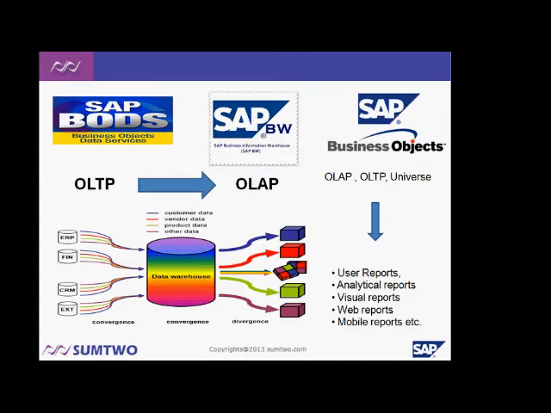So the whole purpose of BI, to put it in very simple terms, is to convert the OLTP data in the form of OLAP data, cubes and DSOs, dataset objects, so that we can do the analysis of the data more easily. Once the data is in OLAP format, then we make use of the BO, business objects reporting tools, to consume the data. So it's easier to consume and do the analysis and reporting if the data is in the OLAP format as opposed to the OLTP format.